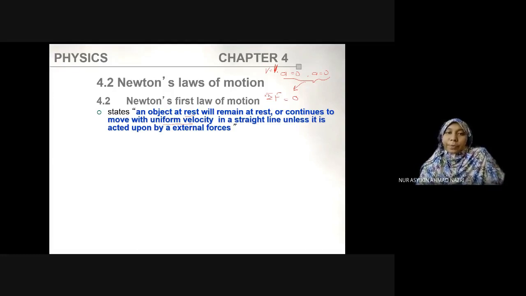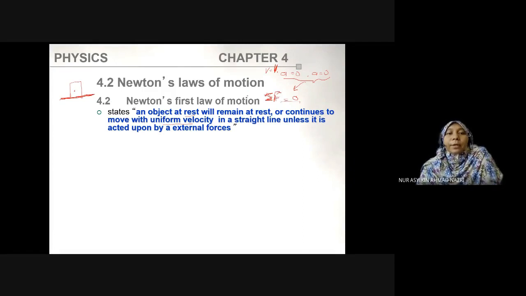So the net force here doesn't mean that, for example, a book on a table, and then the question asks, what's the force acting on this book? You answer no force because it's equal to 0.